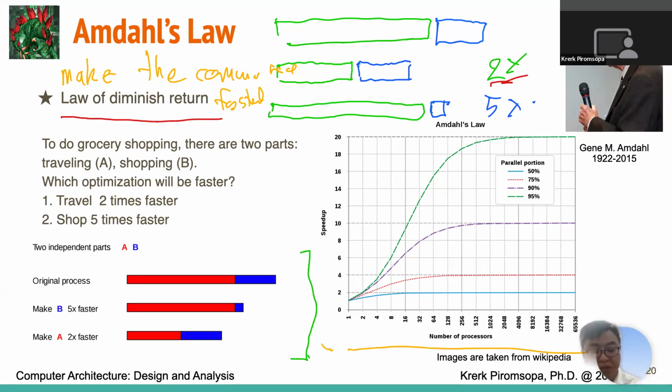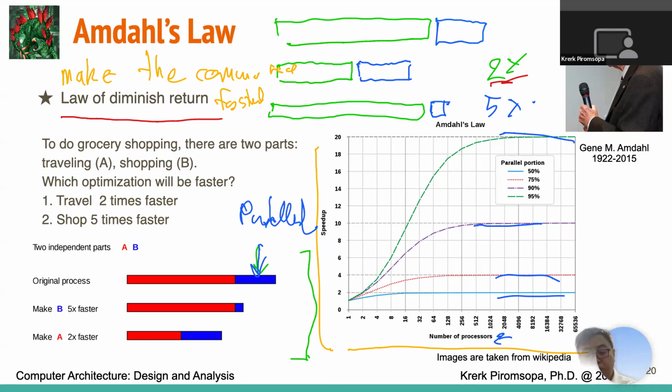And you always see speedup in a graph like this. So for example, in this graph, this is the number of processors. This is the speedup. You would see that, oh, it would saturate at some number. Why? Simple. If you say that the blue you can parallelize, for example, but the rest you cannot parallelize.